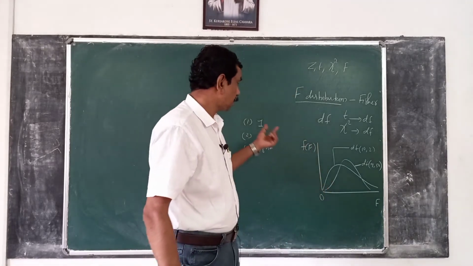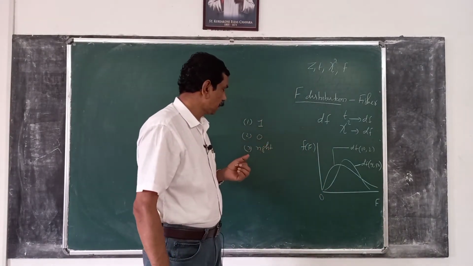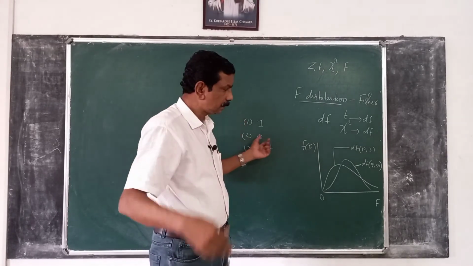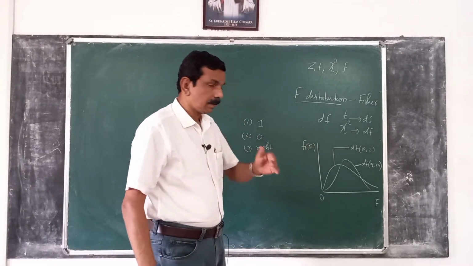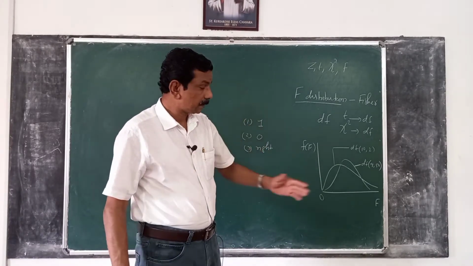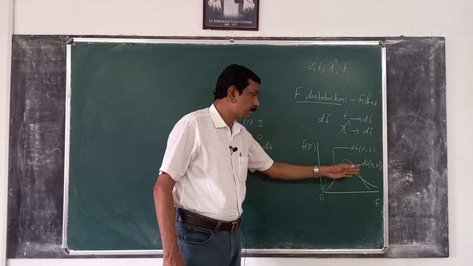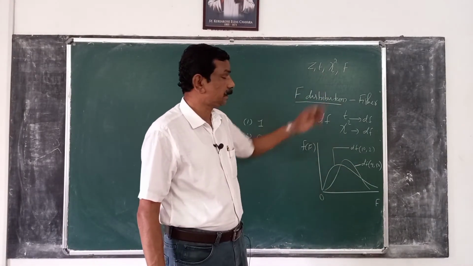So, the area under the F curve is 1, it starts at the origin, extends infinitely towards the right, approaching but never touching the horizontal x-axis, and it is right skewed like the chi-square distribution.